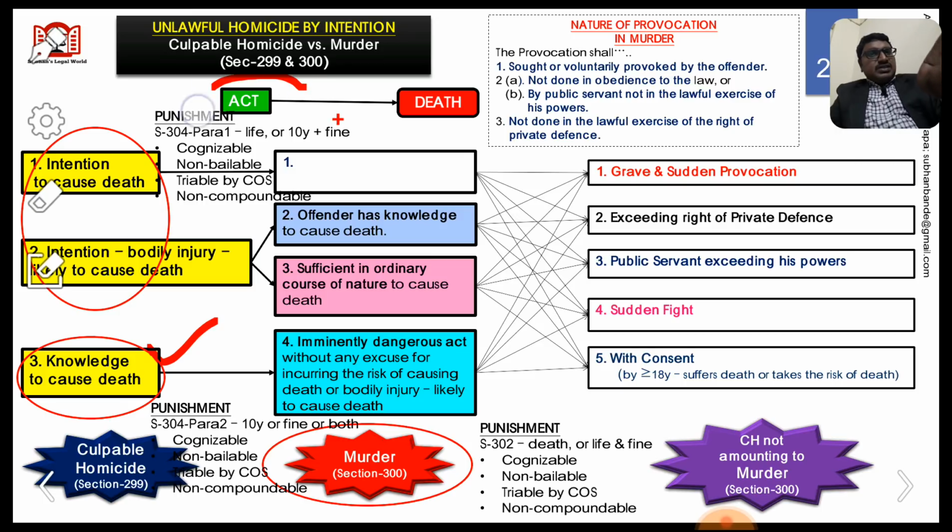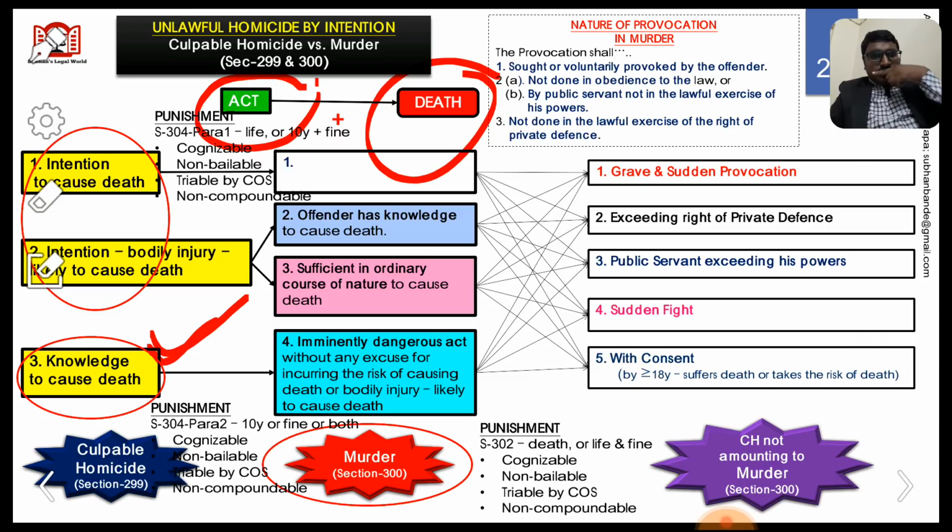If the accused causes the death of another person by an act with the knowledge to cause the death, under those circumstances, the punishment for culpable homicide is, according to section 304 para 2, 10 years imprisonment or fine or both. It is cognizable in nature, non-bailable, triable by Court of Sessions, and it is non-compoundable in nature.